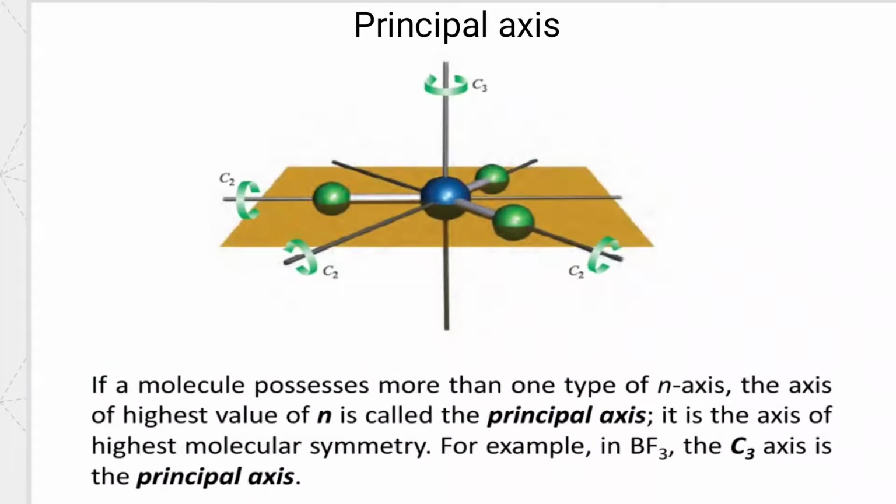Principal axis. If a molecule possesses more than one type of n axis, the axis of highest value of n is called the principal axis. It is the axis of highest molecular symmetry. For example, in BF3 molecule, the C3 axis is the principal axis.